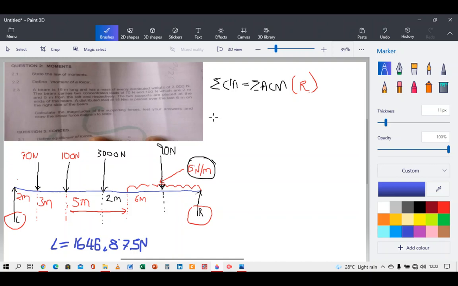So let me use the method of sum of upwards and downwards just in case, but you will use the long one as you go.